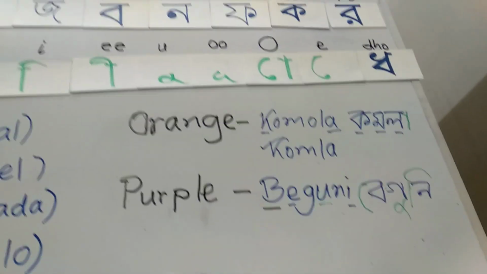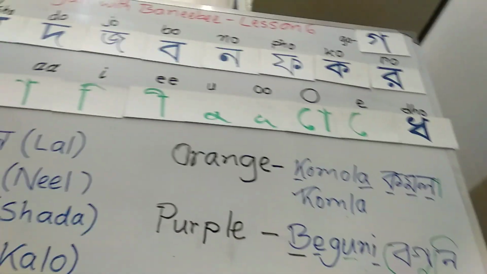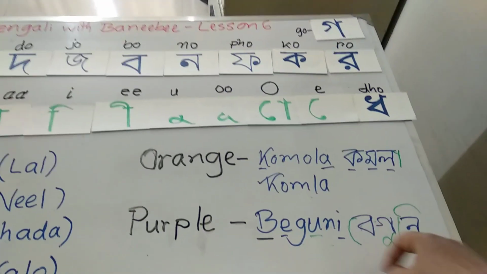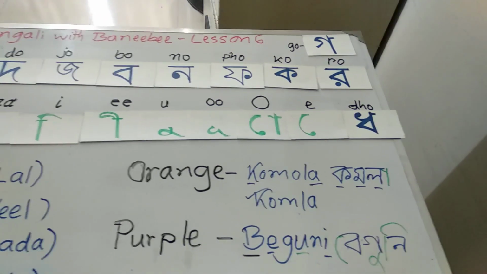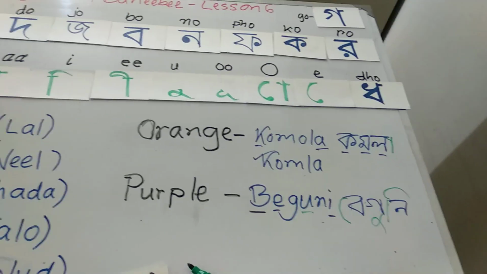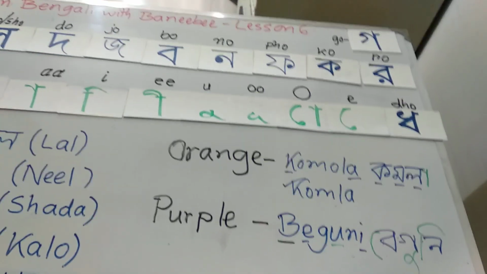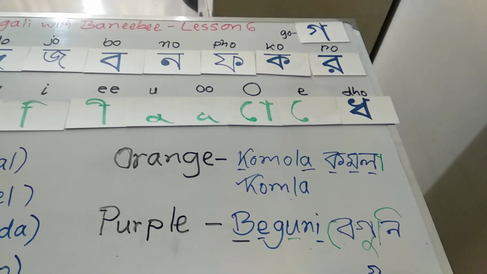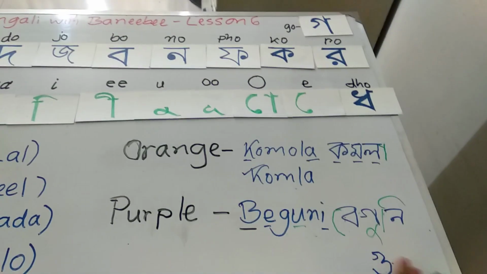Now there is one more piece of information here: for this particular letter, when U adds up with Ga, they change their look when they are united. So how do they look? They look like this. Let me write it again.